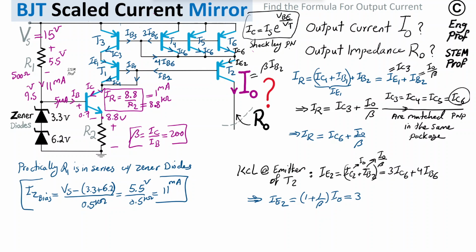So it's going to be 3 plus 4 over beta, times IC6, since IB6 is IC6 divided by beta.